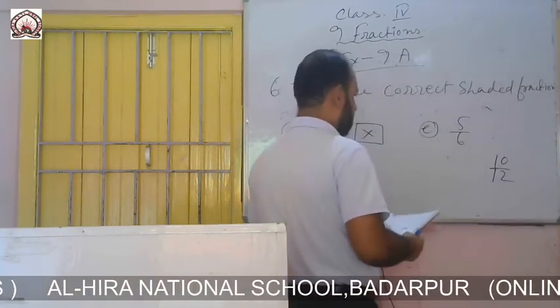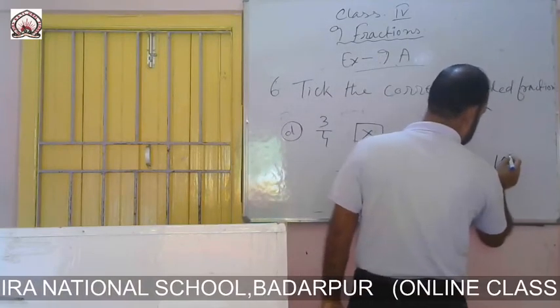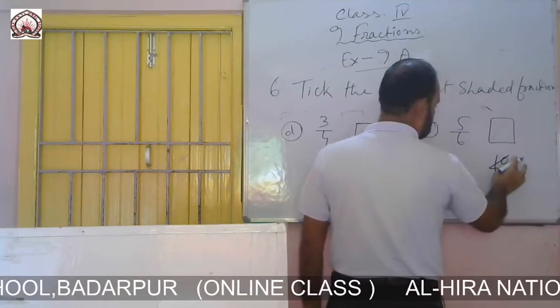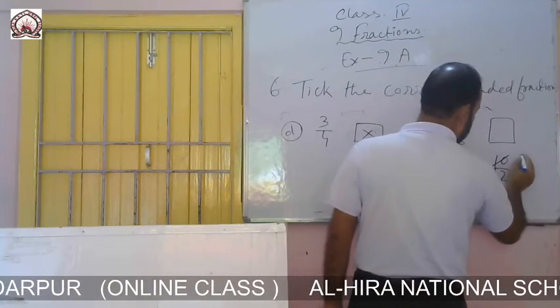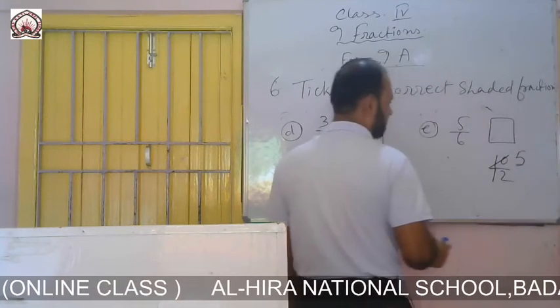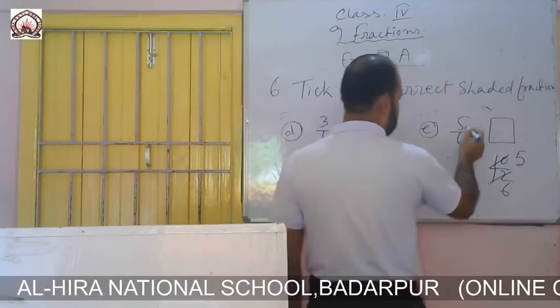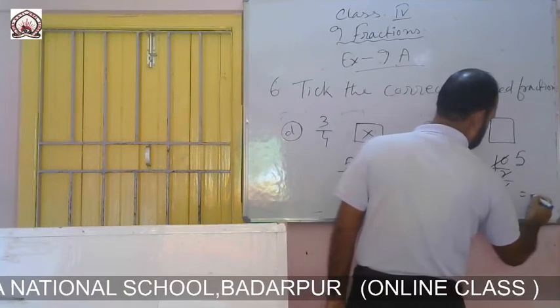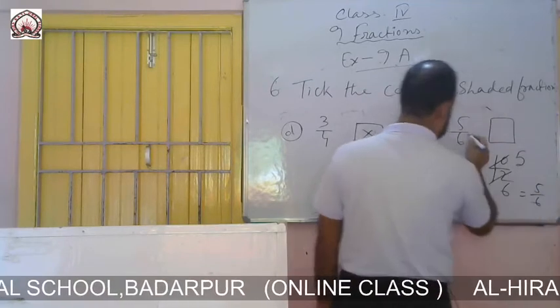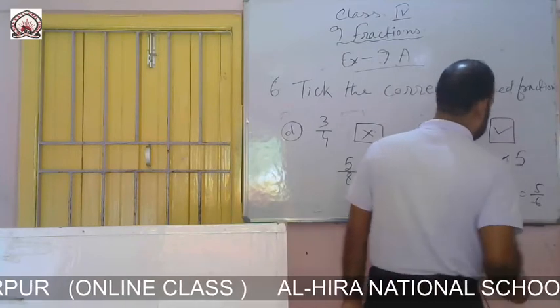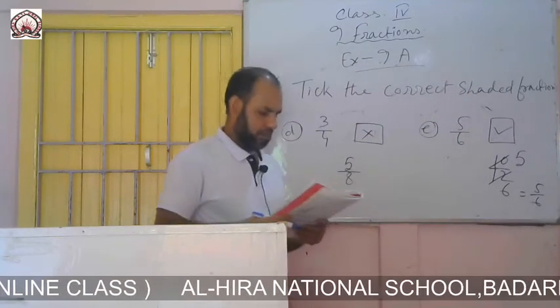So now we reduce this fraction. 2 fives are 10, and 2 sixes are 12. So the answer is 5/6. Here also 5/6. So this one is correct.